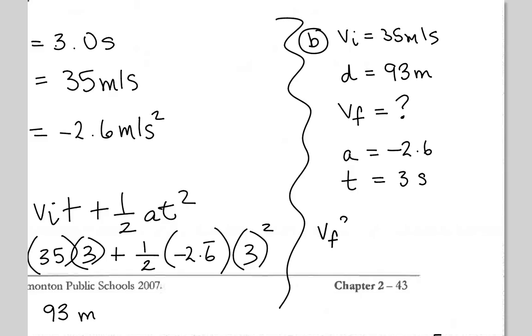Here's a nice one though. VF squared equals VI squared plus 2AD. So all we would have to do is square root and solve for VF. Okay?